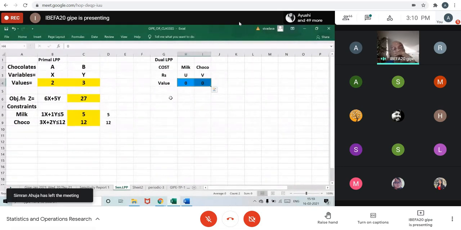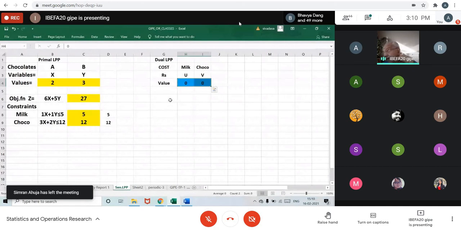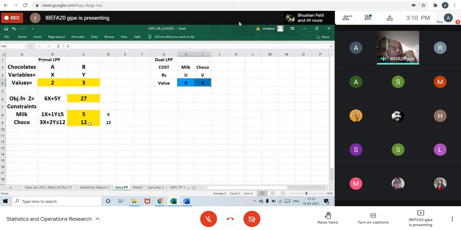So here the available values are 5 units of milk and 12 units of choco.